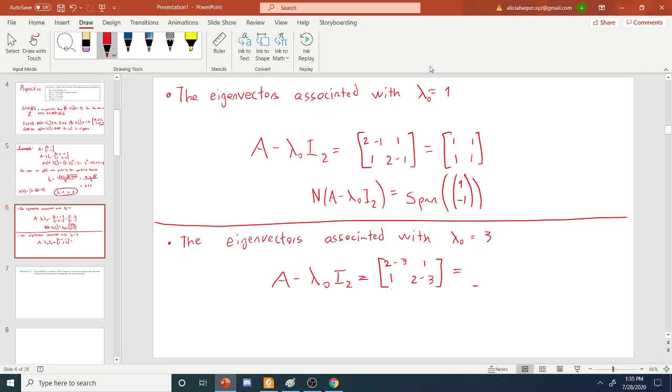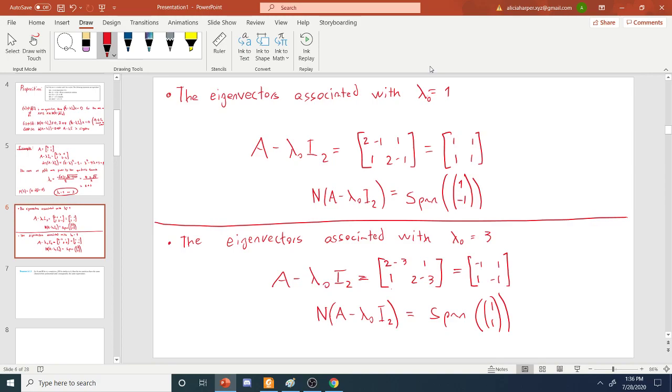So this is going to be negative 1, 1, 1, negative 1. And the null space of this, you can compute this again using row reduction if you so choose, is simply the span of the vector 1, 1.